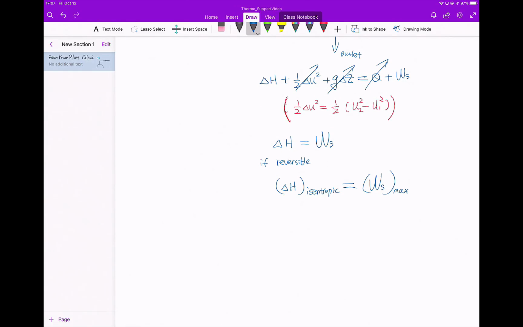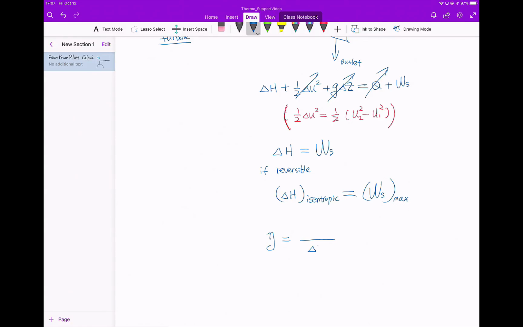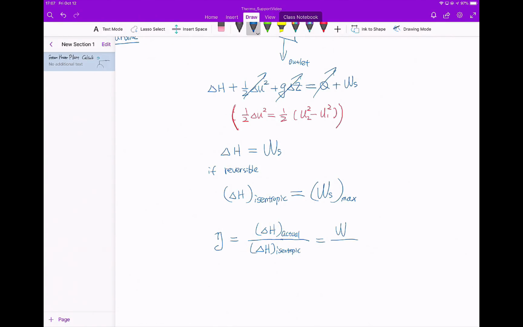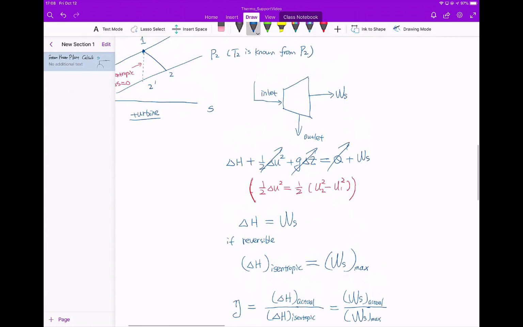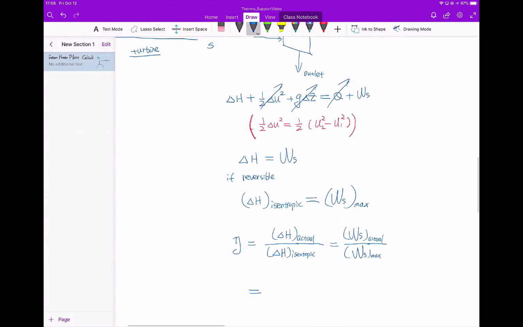Using that understanding, we also define the efficiency, which is delta H isentropic over delta H actual, the same as shaft work actual over shaft work maximum.